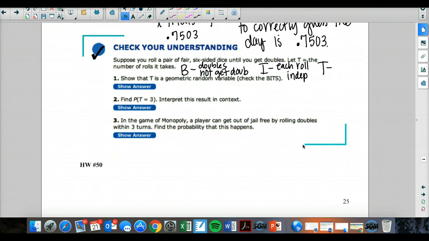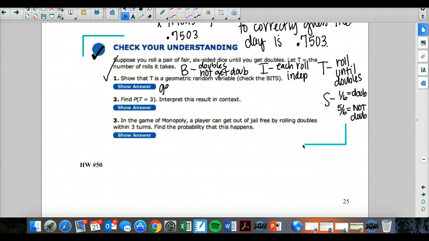T, you're going to roll until doubles. So trials are not set. And S, your probability of success is 1/6 for doubles, 5/6 for not doubles. Okay, so perfect, boom.